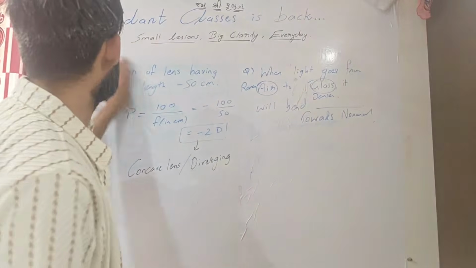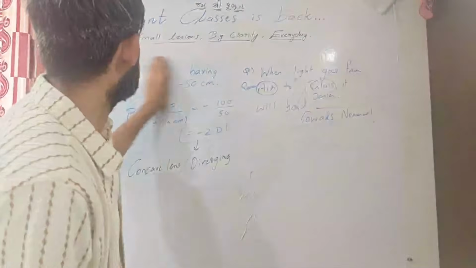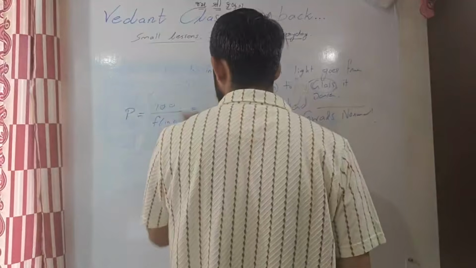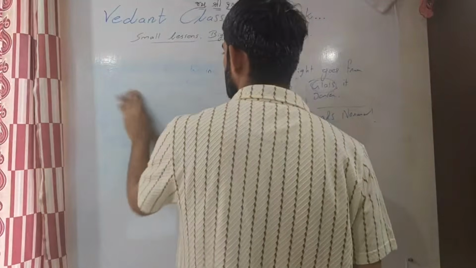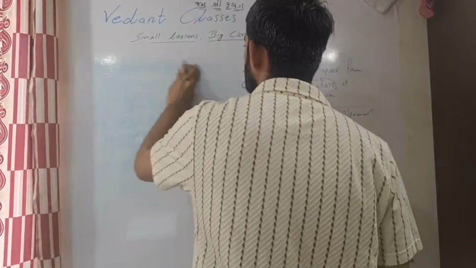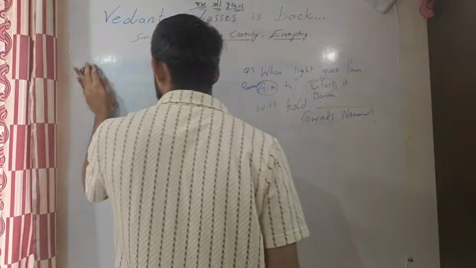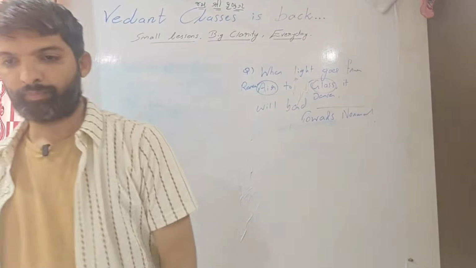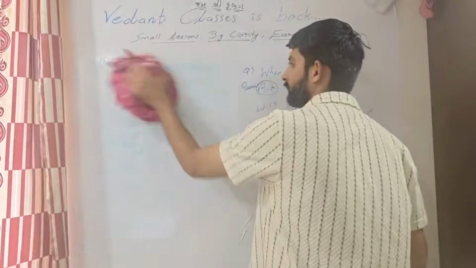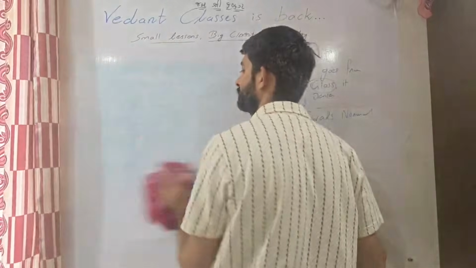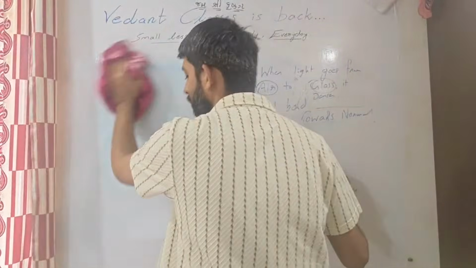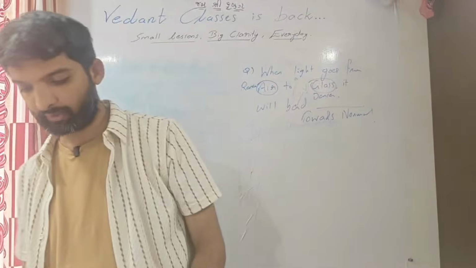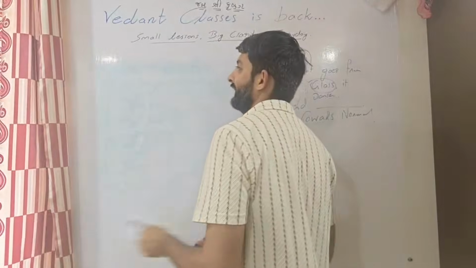I hope it is clear. In such a question, first identify which is the rarer medium and which is the denser medium, and later you can easily justify it. Okay. Next question.